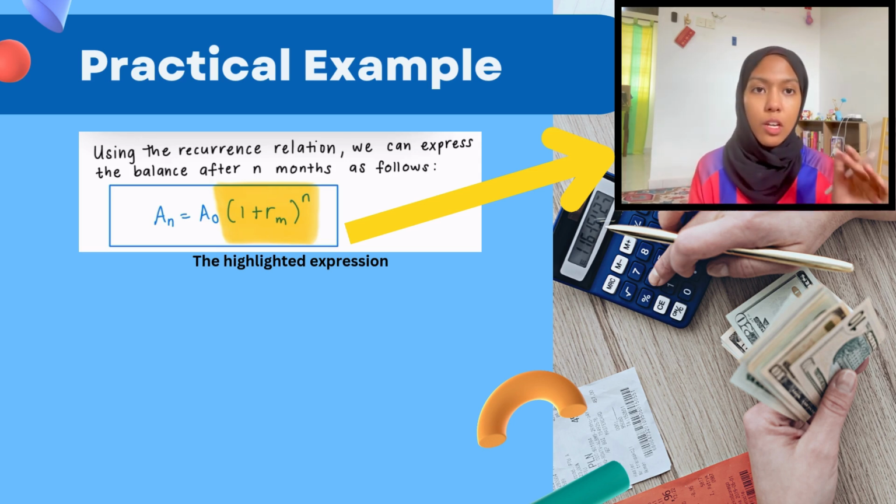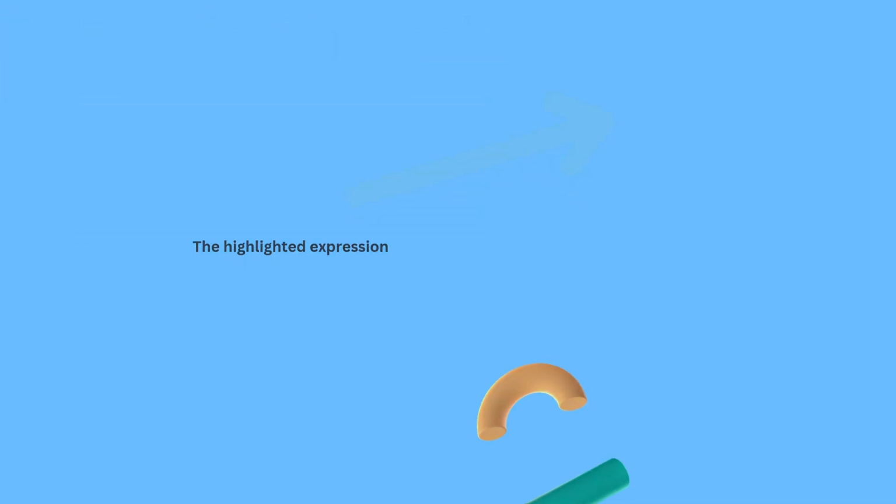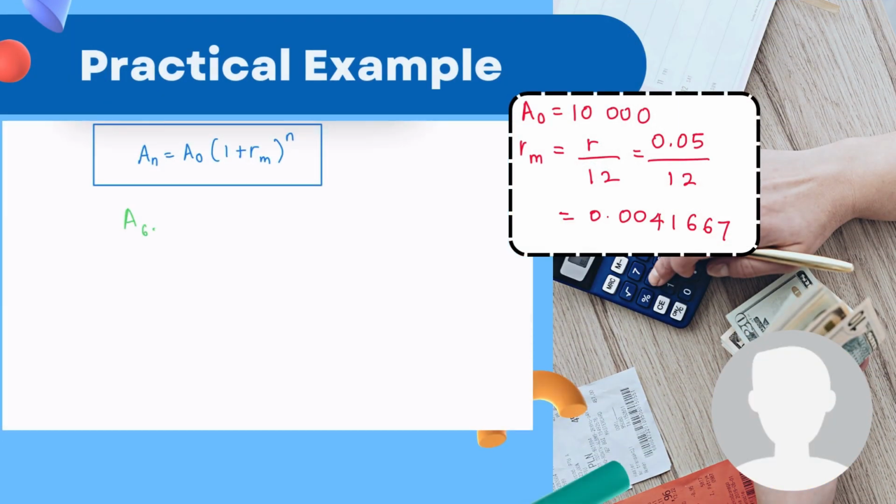So instead of doing the calculation 60 times, we can do it like this. Okay, now since we have all the values to substitute into the formula, we can do it like so, and then we can know how much Haikal's money is at the end of 5 years.